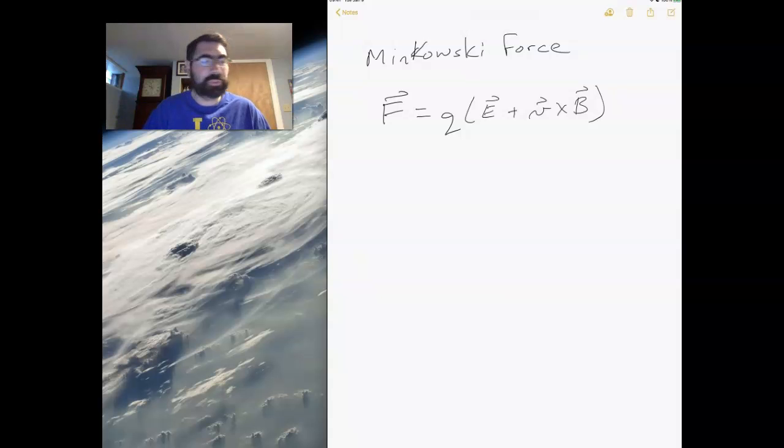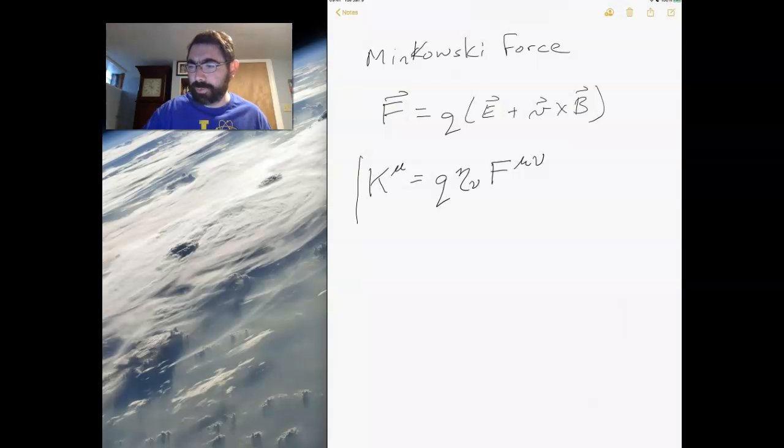So the Minkowski force, one would think, would involve Q, it would involve the fields, and it would involve the velocity V. We'll write the Minkowski force with a K, in tensor notation, K^μ, and we'll have the charge Q, a velocity term η_ν, and then we'll dot product that with the field tensor, like so.